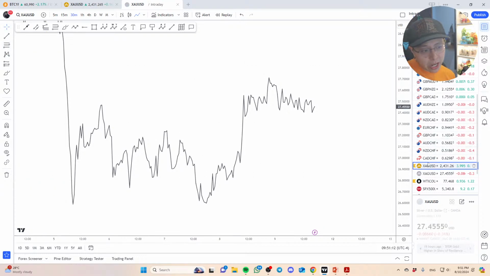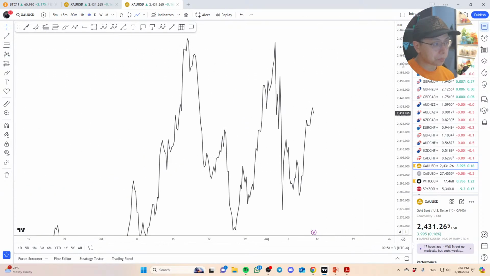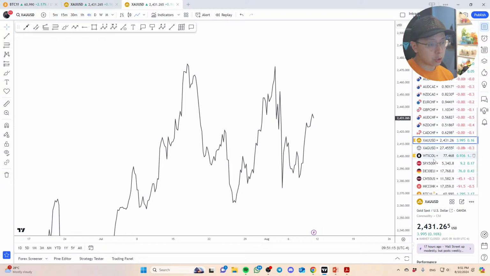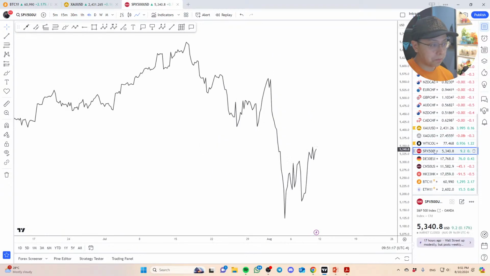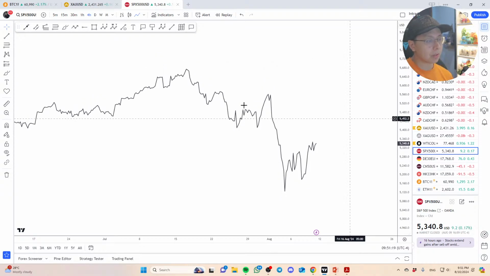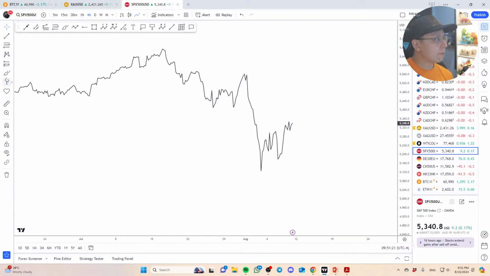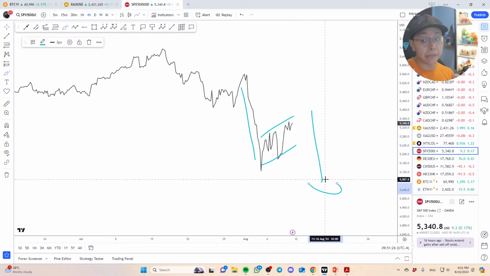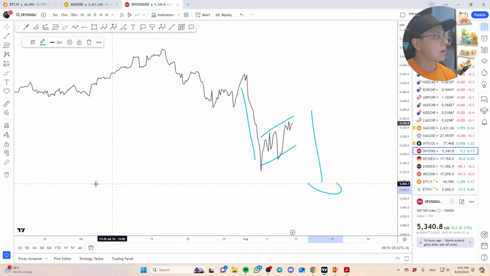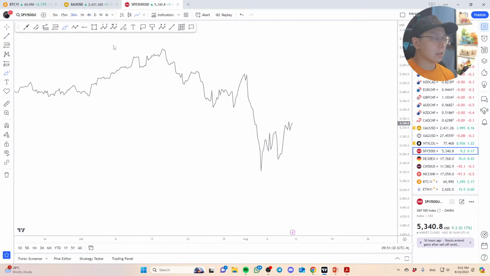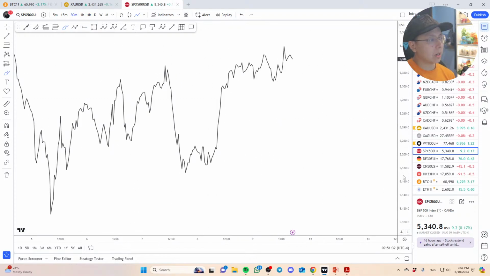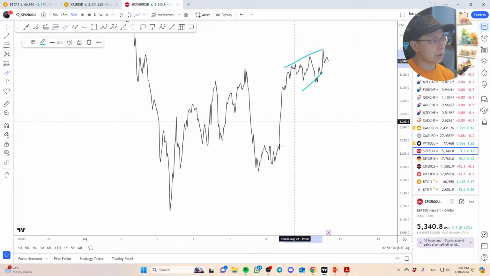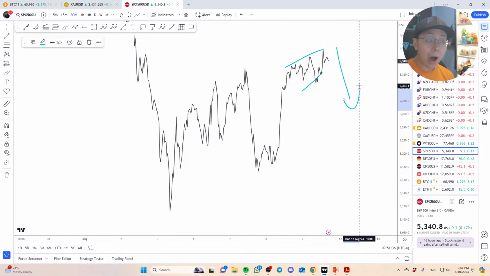But sometimes you get alignment. For example, okay, I'll show you an example on, let's say, S&P, right? H4 time frame, we have a general direction that we want to focus down. Okay, now if you go down to the 30-minute, what is the pattern here? It's a crawl down as well.